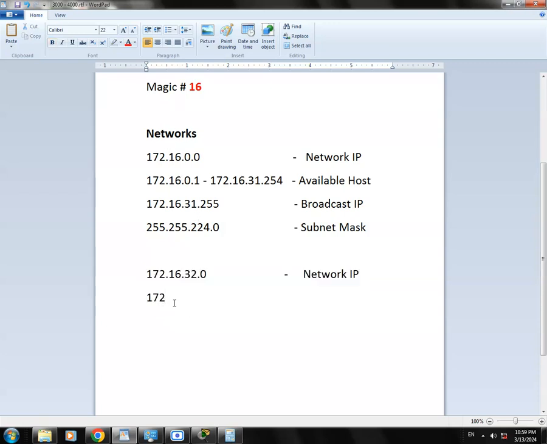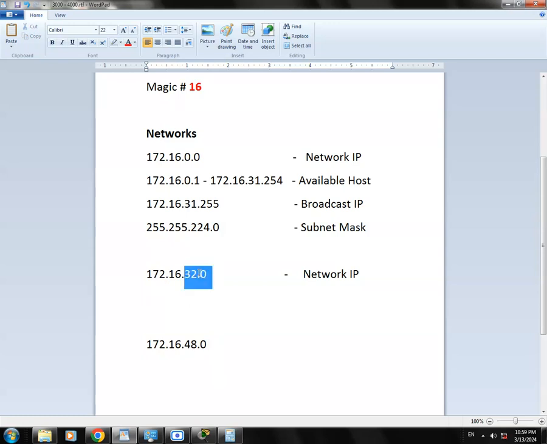So 172.16, and then the next will be 48.0. Well, we identified the next network, so that we can see what the broadcast IP address of this network is.